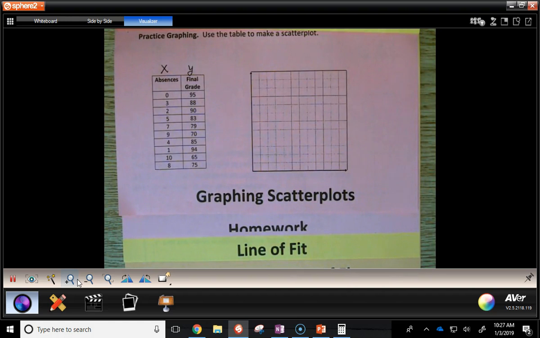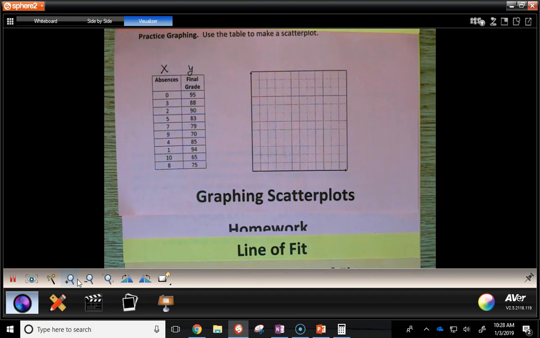Let's look at our y-axis right now. Actually, I'll take it back. Let's look at our x. Absences. What is the largest number we have? 10. The largest number is 10. The absences, the smallest one is 0. And our largest one is 10.